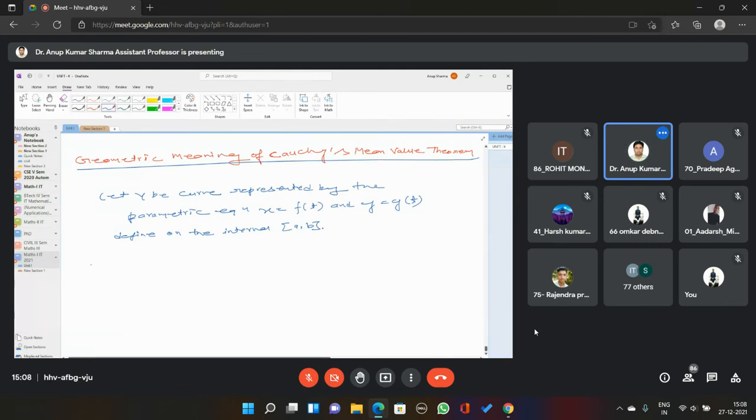So by Cauchy's theorem, what can we write? We take the interval a and b, with values of t.